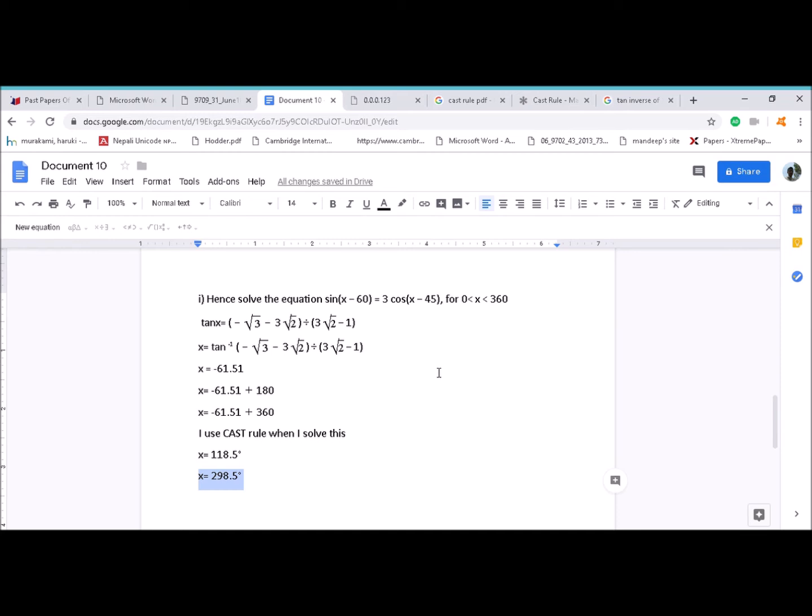So never forget to write the answer in the range they have given. If you don't write x equals 298.5, you will lose 1 mark. So always write these two things. Now let's move on to the next question.